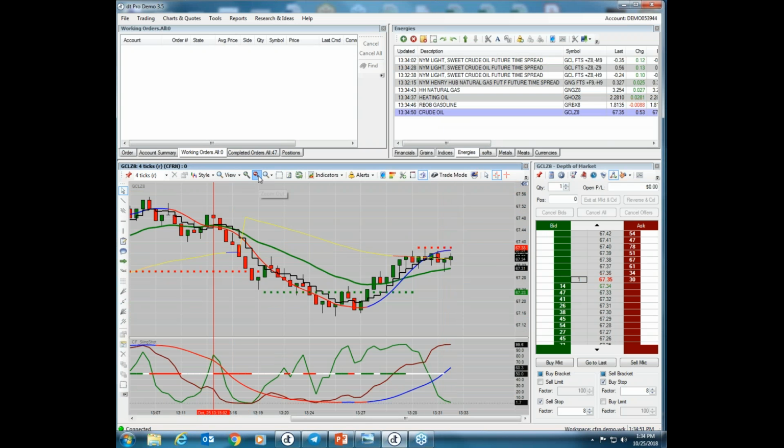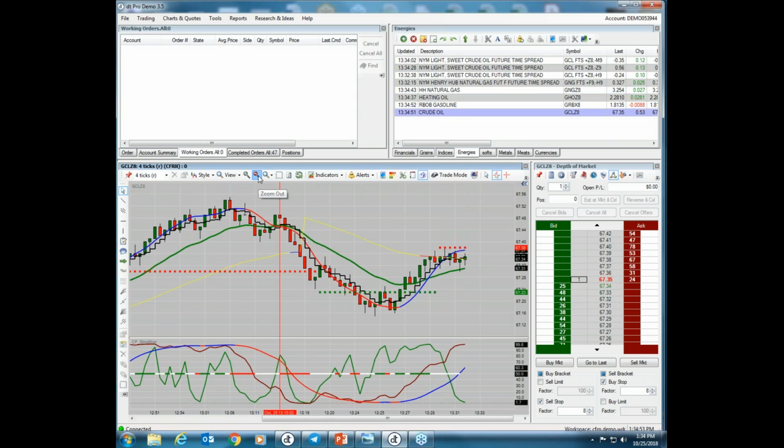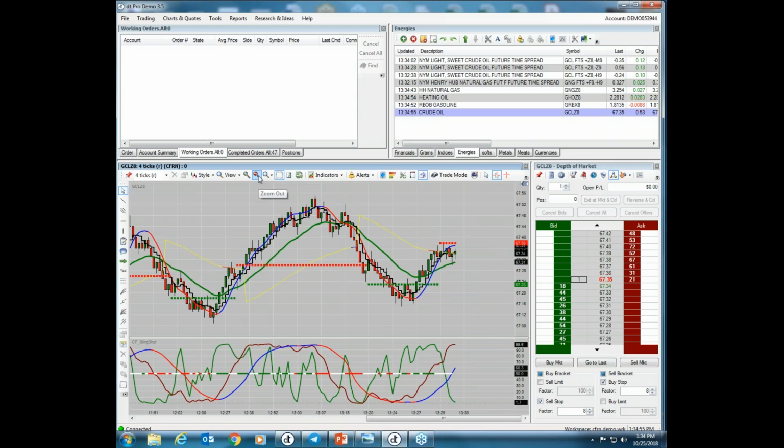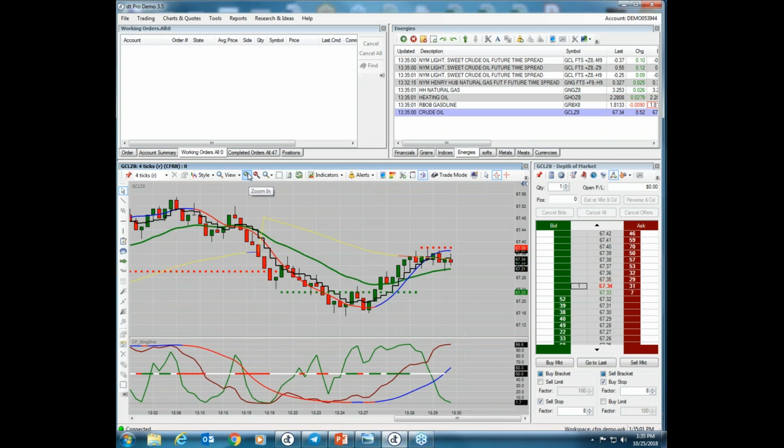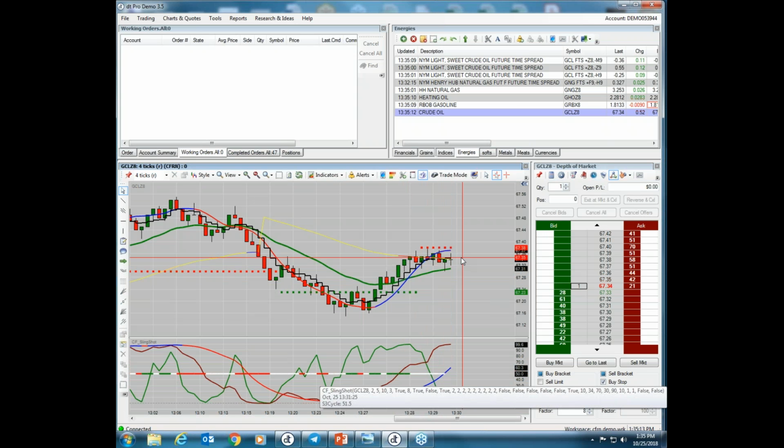So let's go back to crude oil. Why? Because that's what we do. I zoomed out. Notice I did that, and we got a lot of sideways chop here. Okay. So this looks pretty bullish, right? We had the bullish cross. We had a pullback to the BBC, and we have a cycle that's got a blue and a nice pitch to it, right?